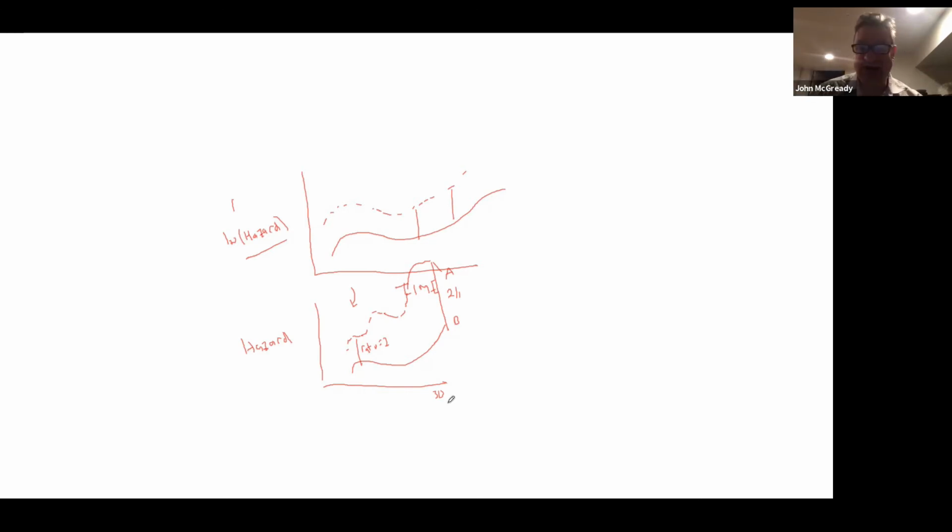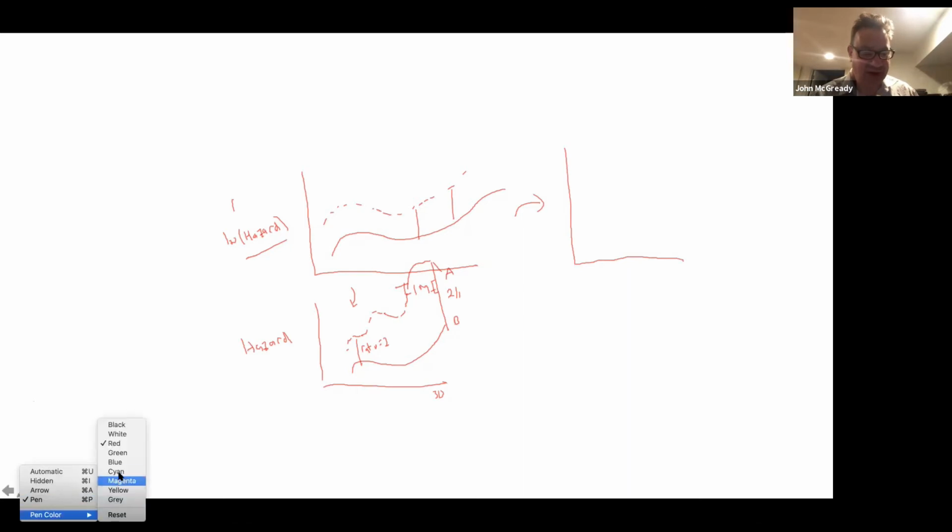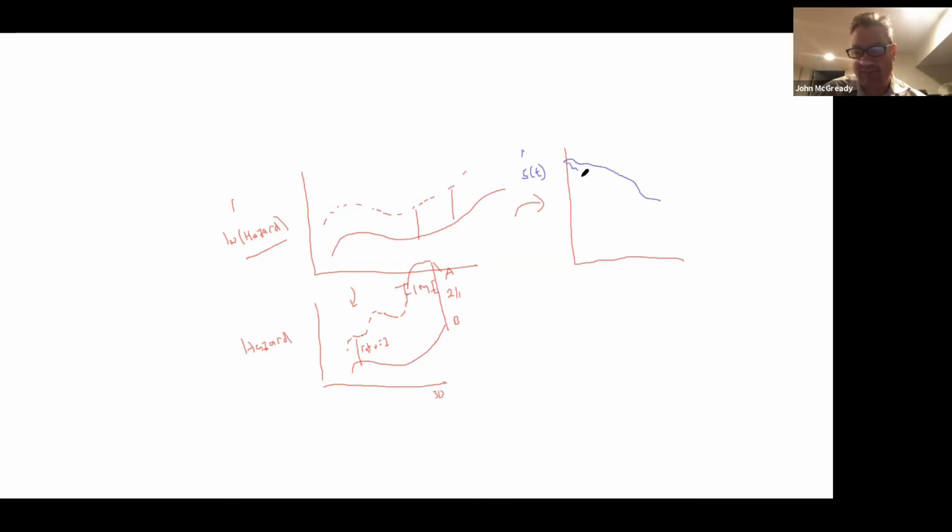So when these things are transformed to survival curves, the easiest way to get a sense of whether or not the proportional hazards assumption is met by looking at survival curve estimates is if the two curves generally separate consistently, so one curve consistently has better survival than the other, then that is a necessary condition for proportional hazards.